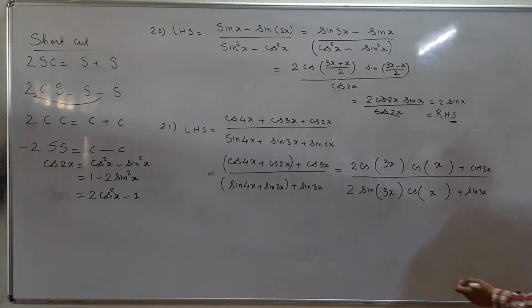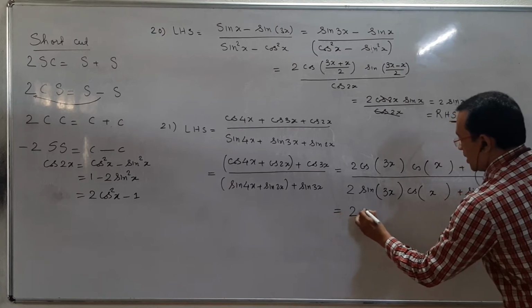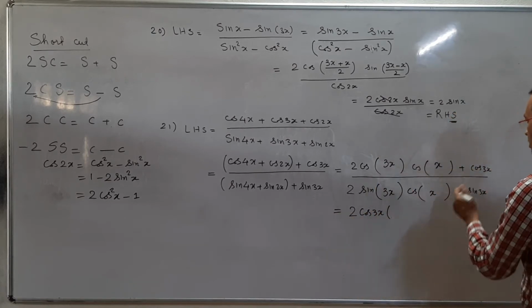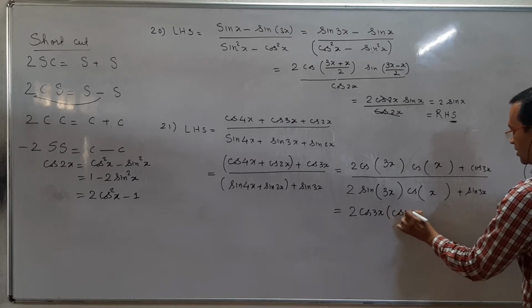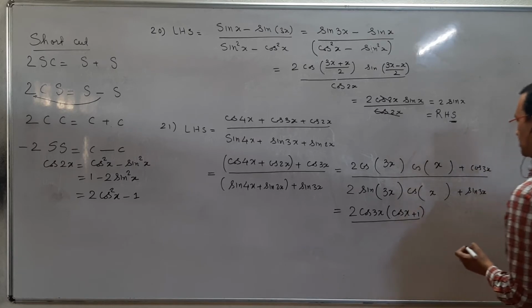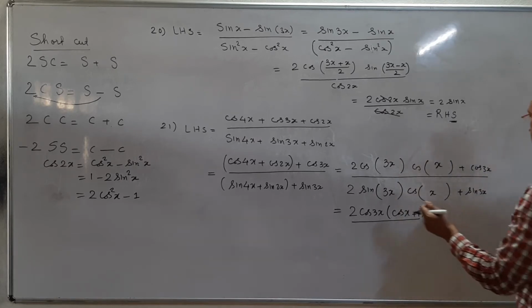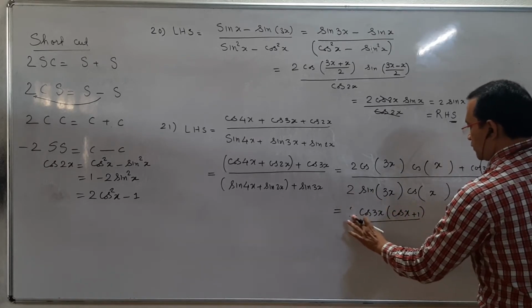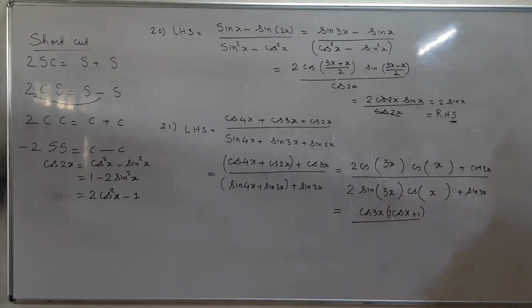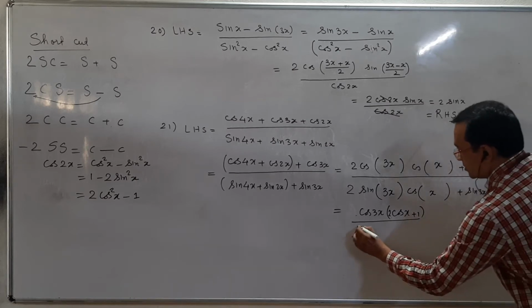So common from the numerator is cos 3x. Common from the numerator, so what it means? Twice cos x plus 1. Sorry students, I think 2 is not common. So we have to write here twice cos x plus 1. And common from the denominator is sin 3x.